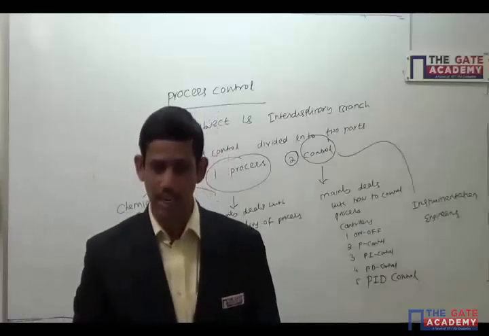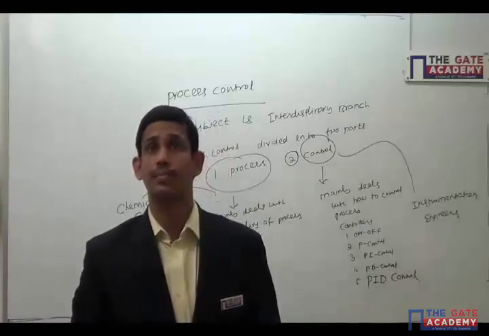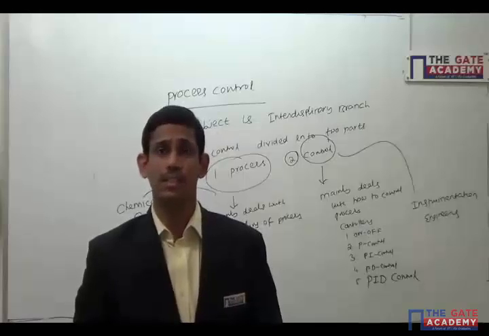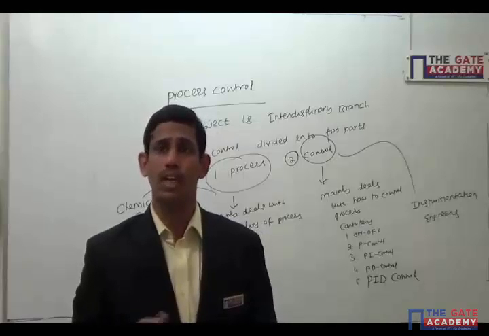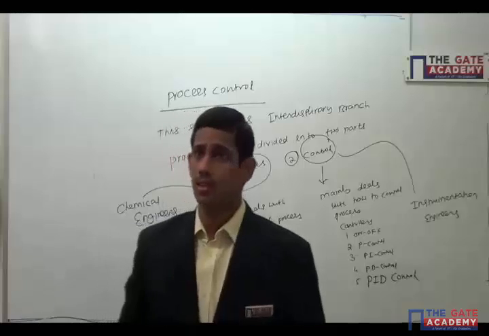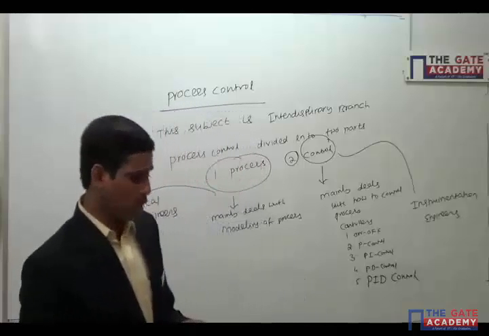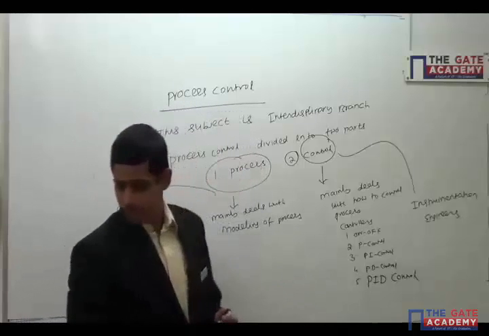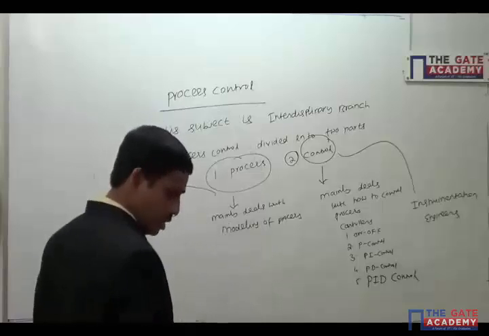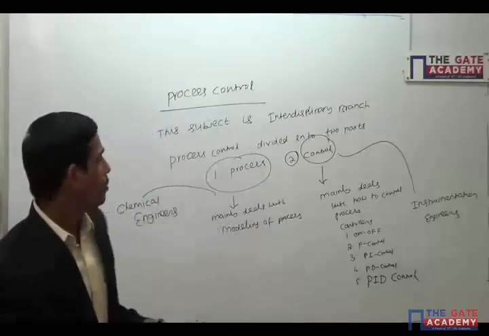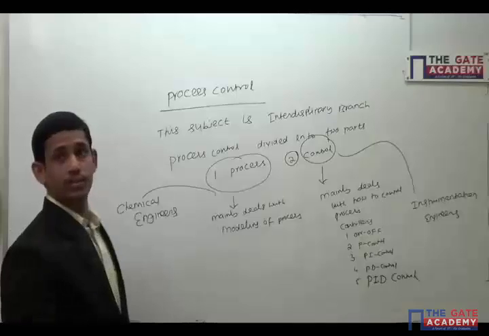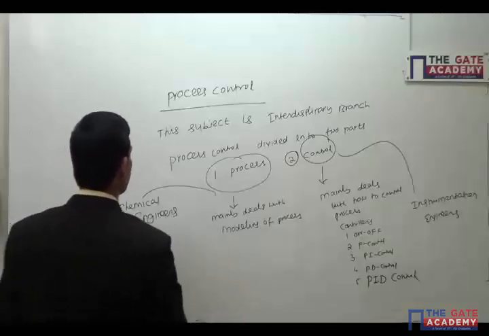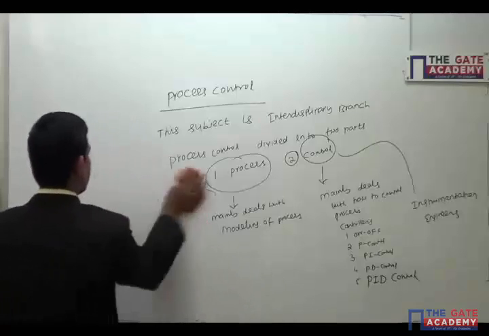I think everyone has an idea about the interdisciplinary branch. Interdisciplinary branch means it is a combination of two or more branches. So here, if you want to design a controller, you should have an idea about the process, as well as you should have an idea about the controllers. Fine.